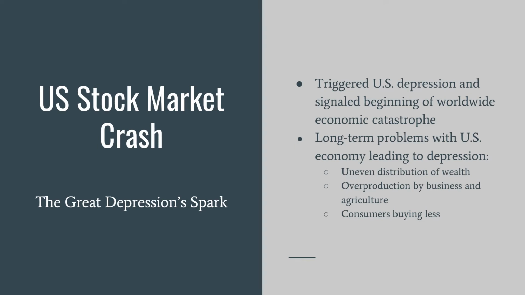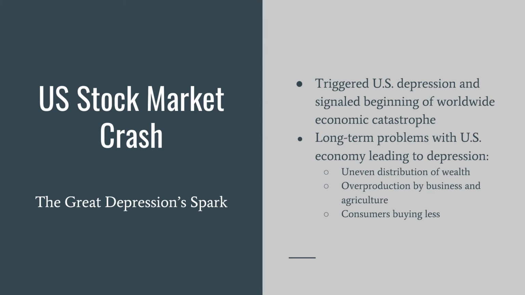And we will see that the United States economy was sort of ripe for depression. There's an incredibly uneven distribution of wealth. The wealthiest Americans have more money than the sort of bottom rungs of society in the United States.